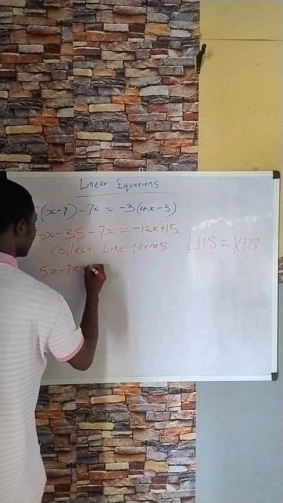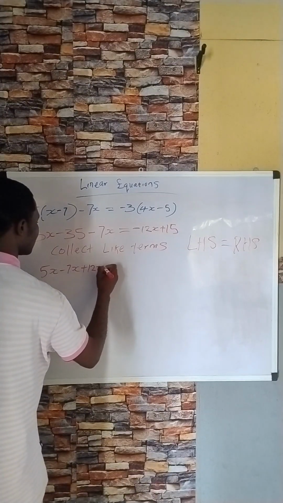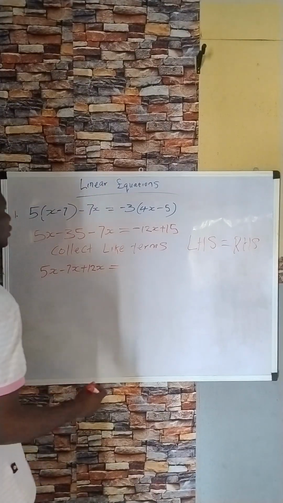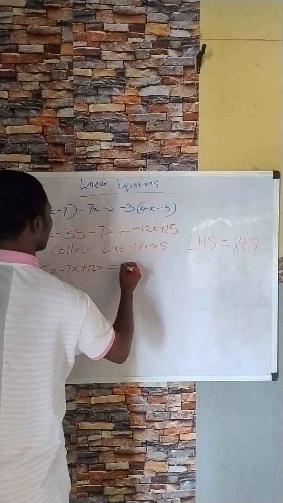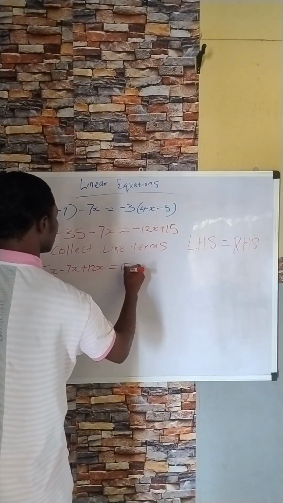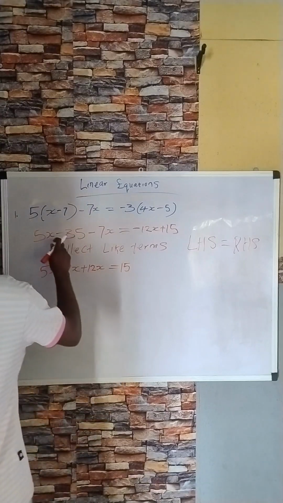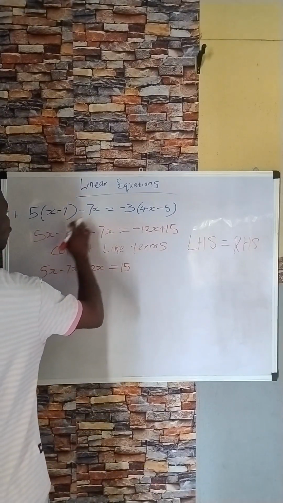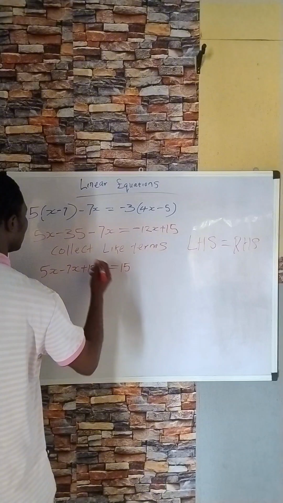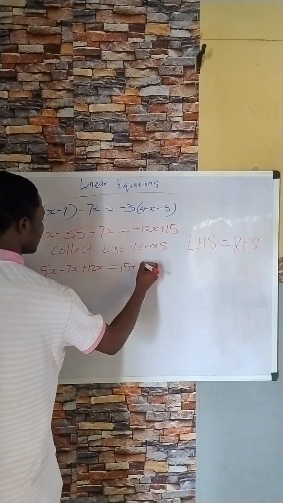So let's write it in this form. Plus 12x equal to, so what are the terms we have here? We have 15, and then we have negative 35 here. We are moving it over to the right hand side, we have plus 35.